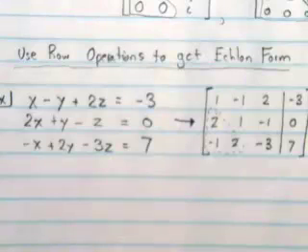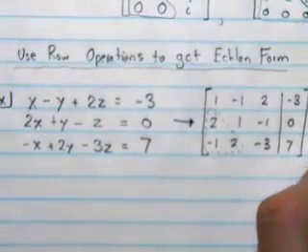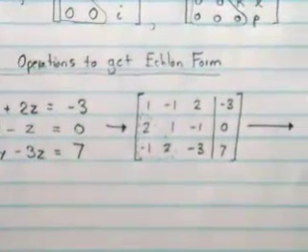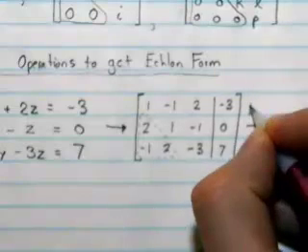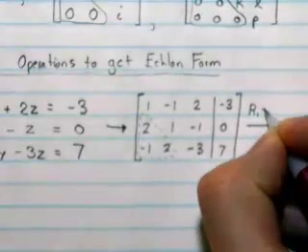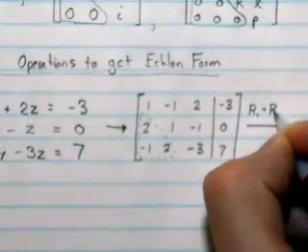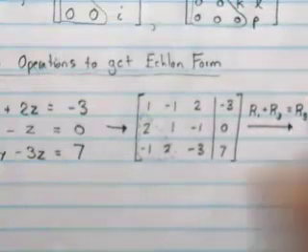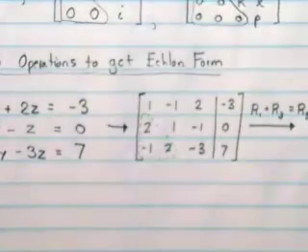We could. Yep. So here's how we represent that. We're going to do row 1 plus row 3 equals row 3, which means I'm going to replace row 3 with the addition of row 1 and row 3. Okay? Let's see what we have.